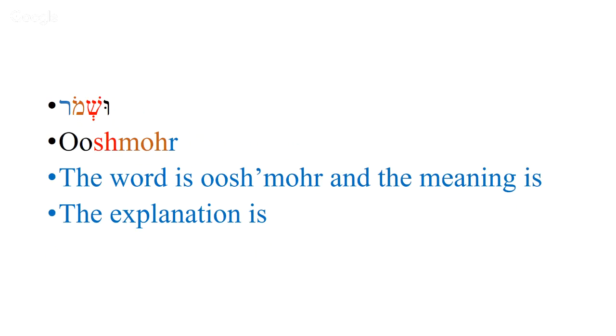That is in the black there, as well as the 2 O sounds making the oo sound, and that too is all color coded. Then we see our friend here, the shin, one more time, and as before it has the shva with it. Now, there are many cases where the shin doesn't have the shva. This just happens to be one of the cases in which it has it.